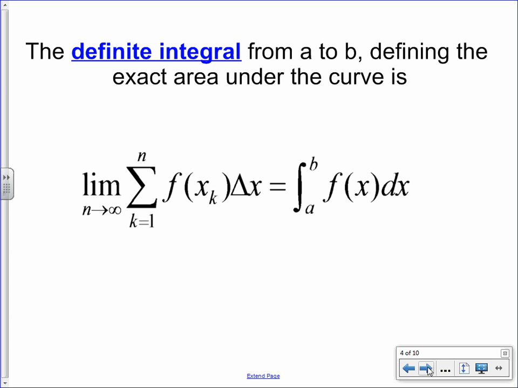So by finding the area under the curve, that means we are taking the integral from a to b of a function. You have not seen values right here on your integration sign. When there are values on your integration sign, that means you are finding the area under the curve from a to b.